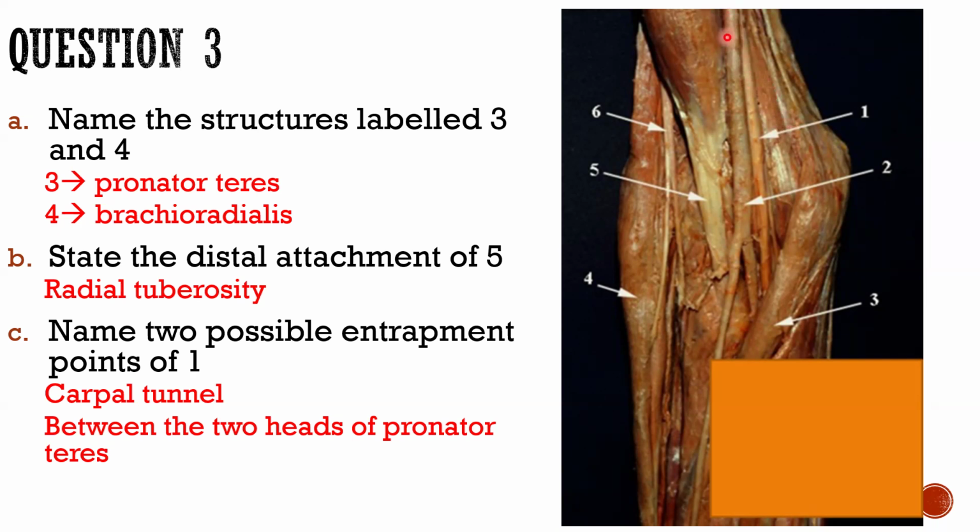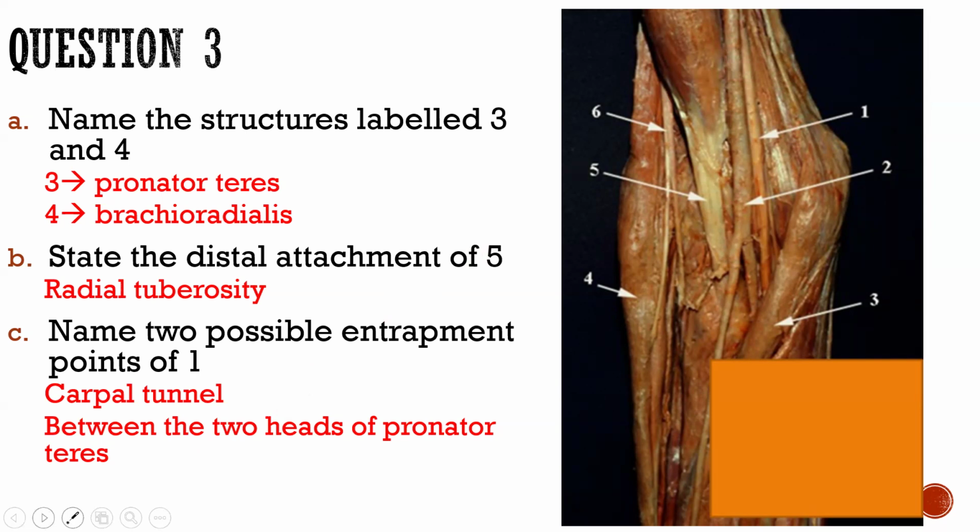You find a fibrous band of tissue extending from the medial epicondyle towards the medial supracondylar ridge. It can also cause entrapment of the median nerve.